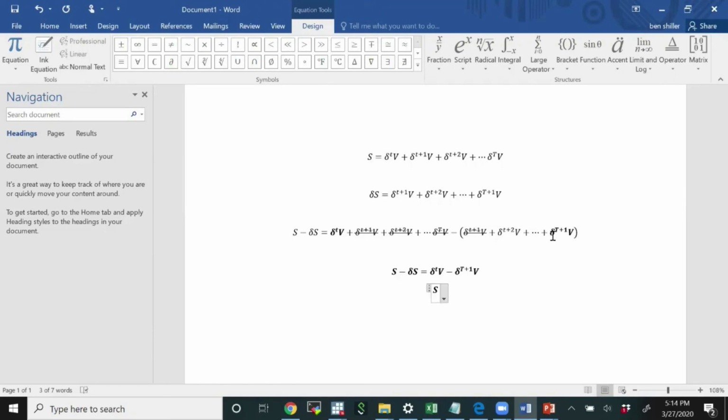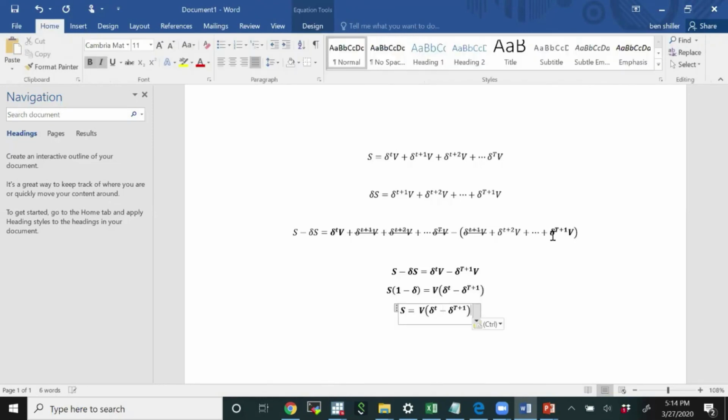S minus delta S is equal to S times 1 minus delta. And if we simplify the right-hand side, we can then divide both sides by 1 minus delta, yielding that S is equal to this thing divided by 1 minus delta.